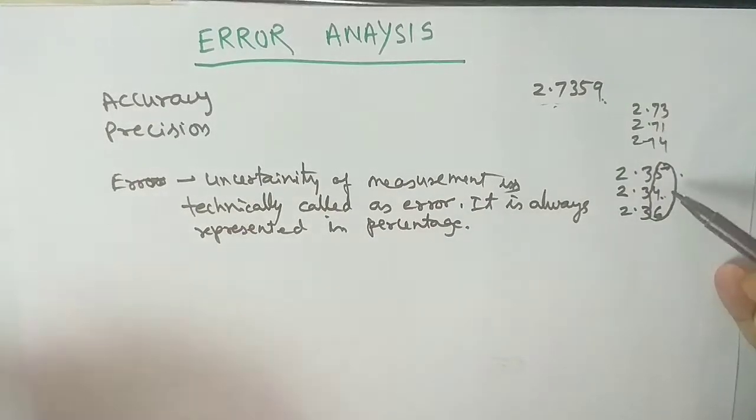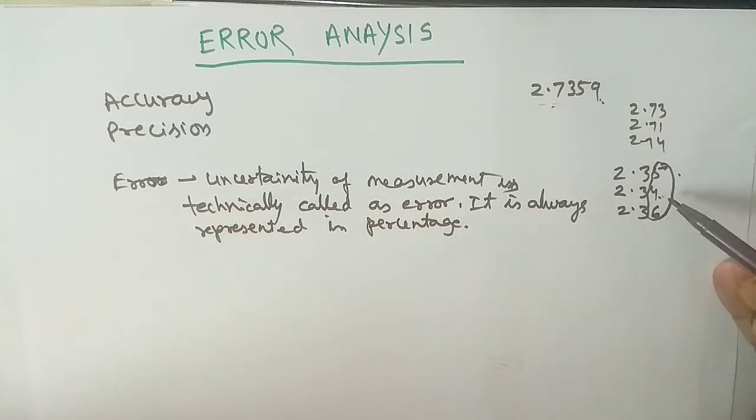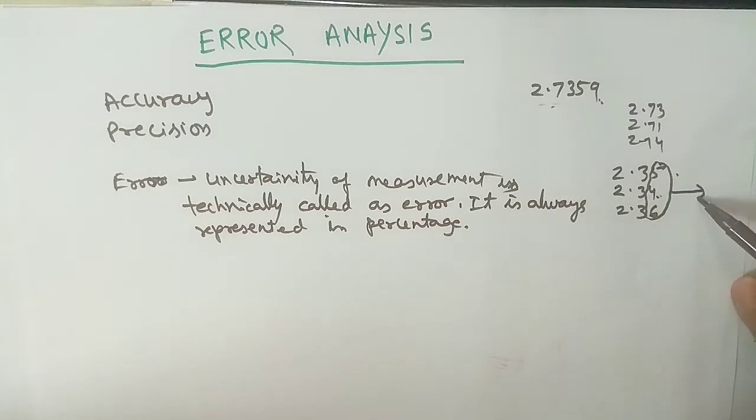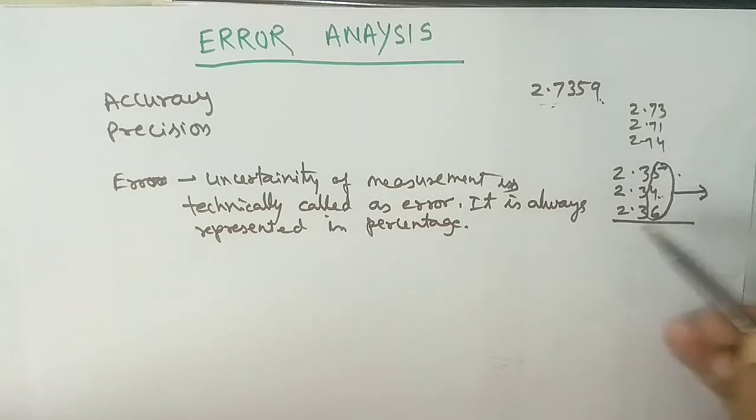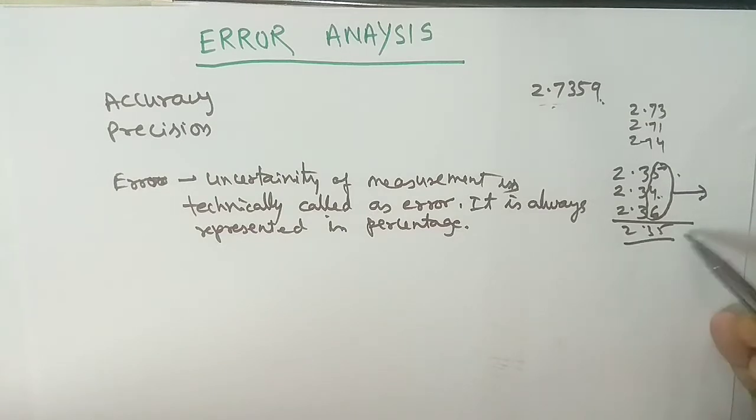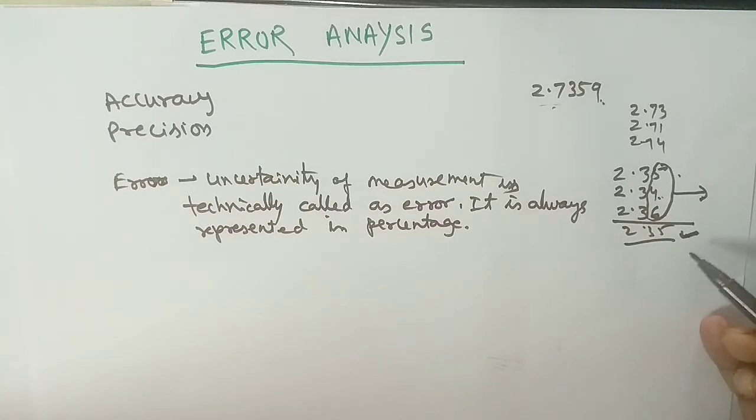Suppose the true value, the exact value, is 2.34. If you take the mean of all these three, you will get around 2.35. So this reading is more accurate. Accuracy means the closeness of the measurement to the true value.